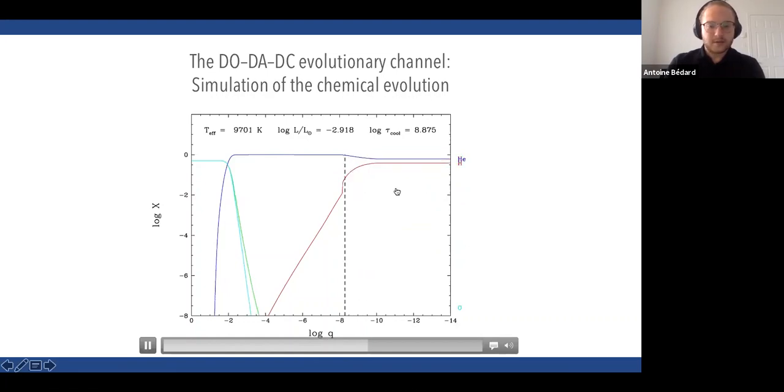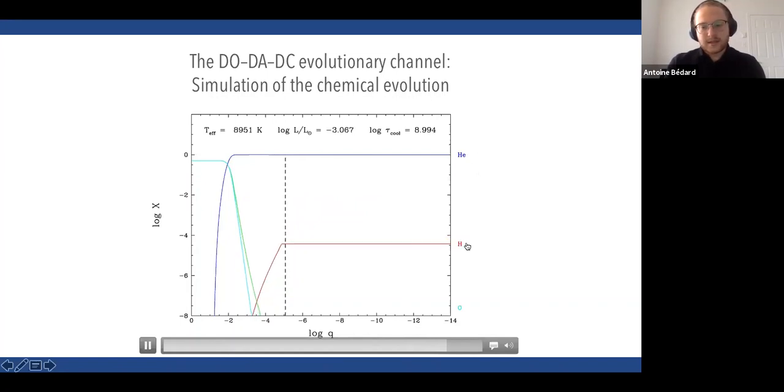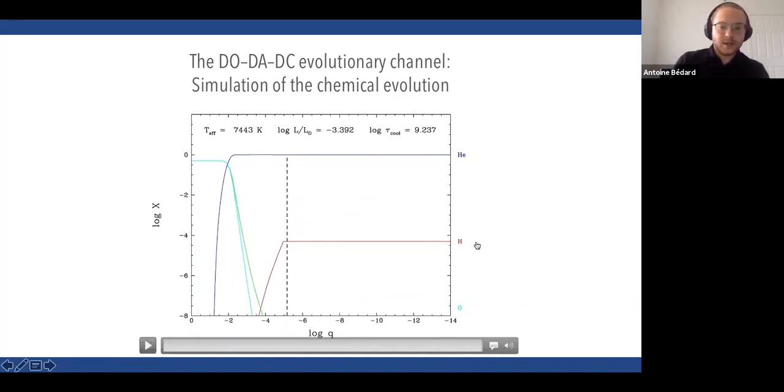Both layers mix, and the surface hydrogen ends up fully mixed into the whole helium envelope. So at low temperature, this is now a DC star, because this amount of hydrogen is invisible at such a low temperature. And so that's it for this calculation.